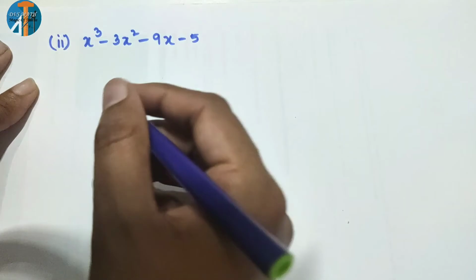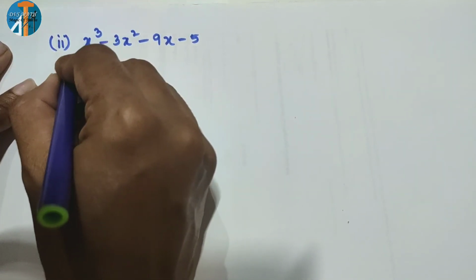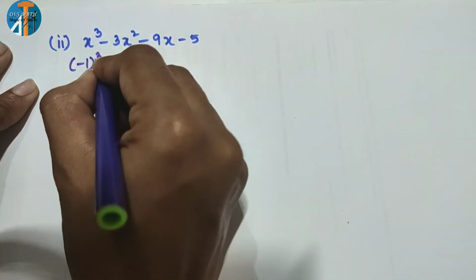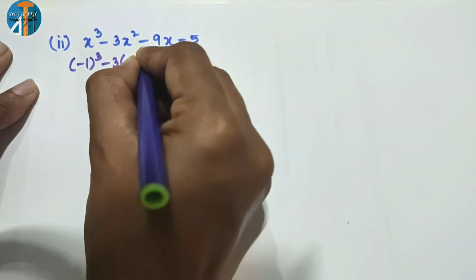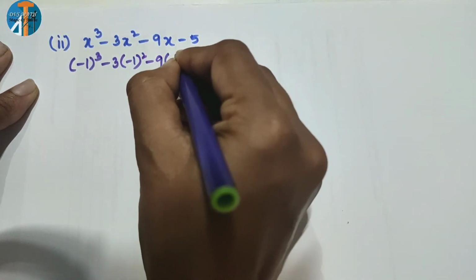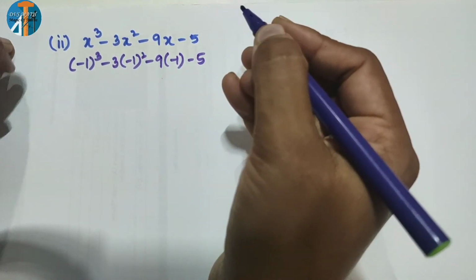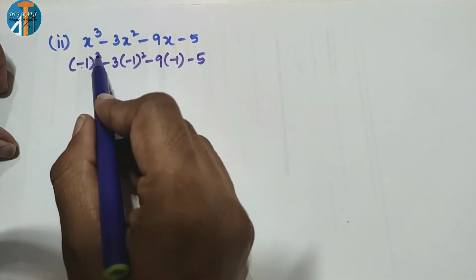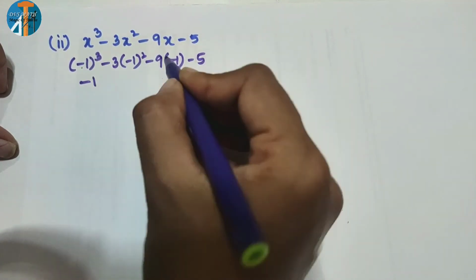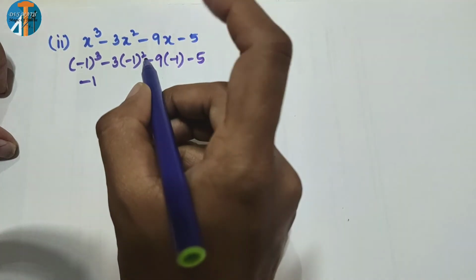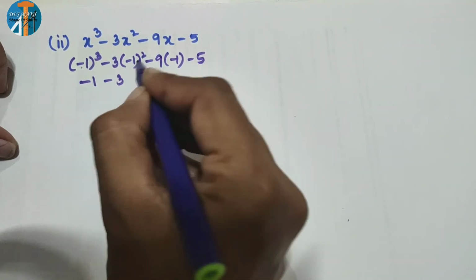If you give minus 1, so minus 1 whole cube, minus 3 into minus 1 whole square, 9 into minus 1, minus 5. As you all know, minus 1 whole cube is minus 1, minus 1 whole square is 1, 1 into minus 3 is minus 3.